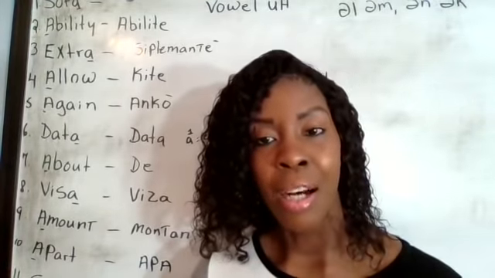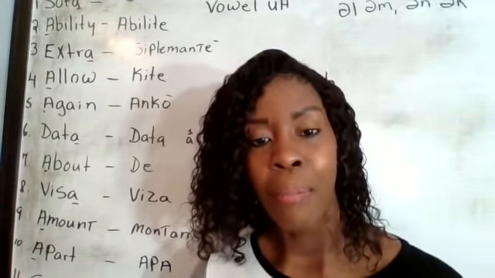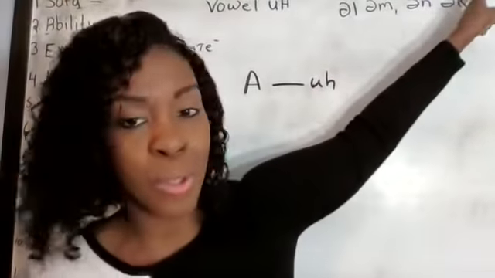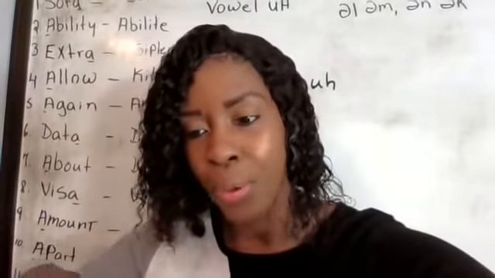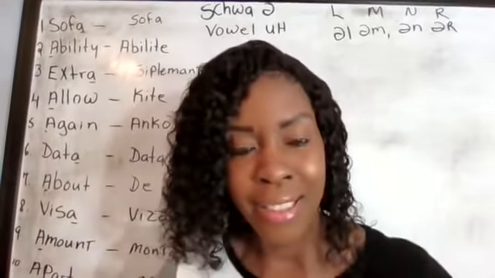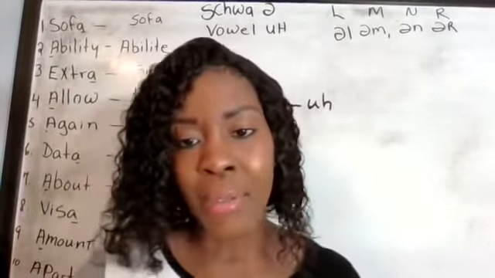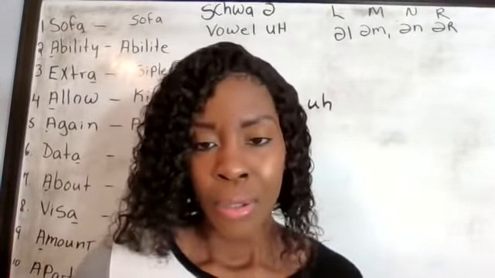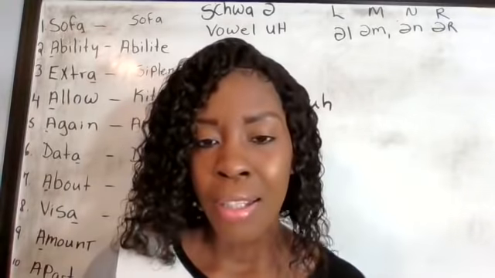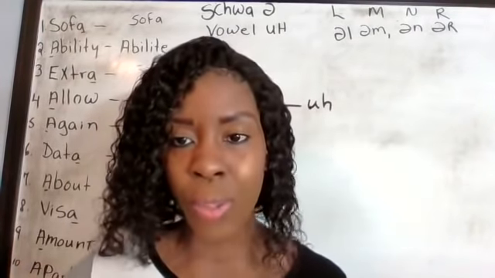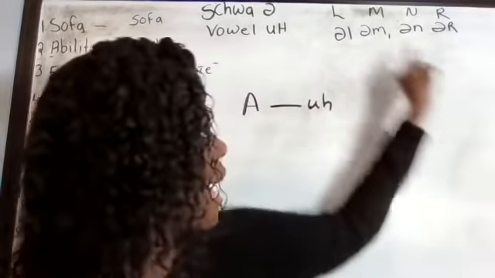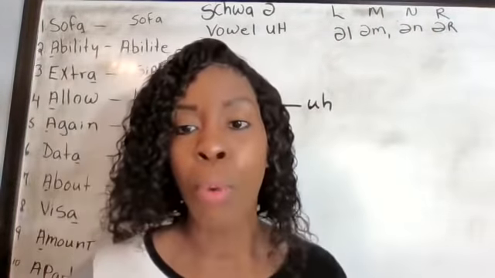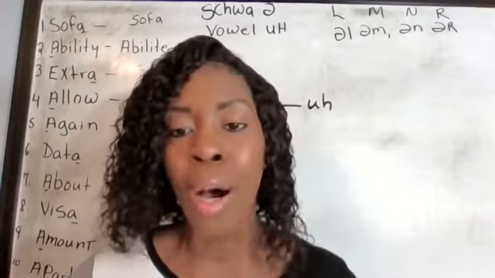Apart. Apart. Okay, again. Remember I told you guys earlier, right? Look on the board. Apart. The second A sounds like A. It's because again, every time you have an L, an M, an N, or an R beside the A, it's not the good A sound.